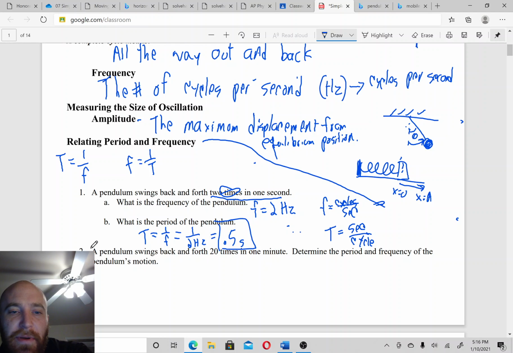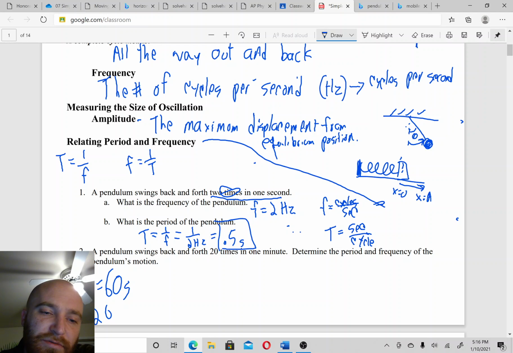All right, so for number 2, a pendulum swings back and forth 20 times in 1 minute. Determine the period and frequency. So if we think about this, we've got a time of 60 seconds. We've got 20 cycles, I guess you could say. How long did it take to happen once?